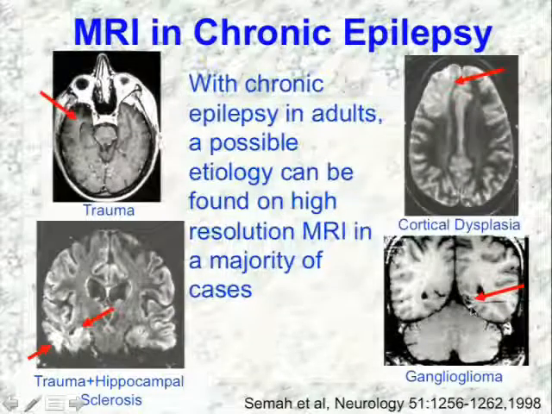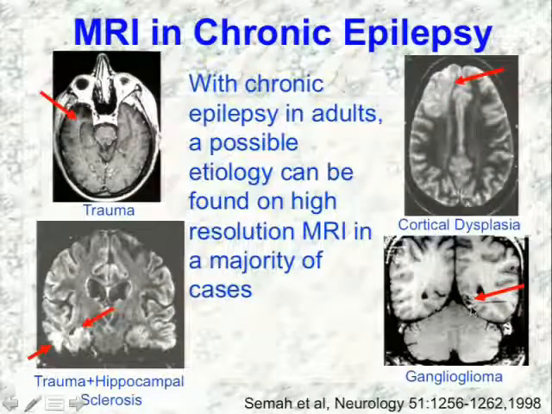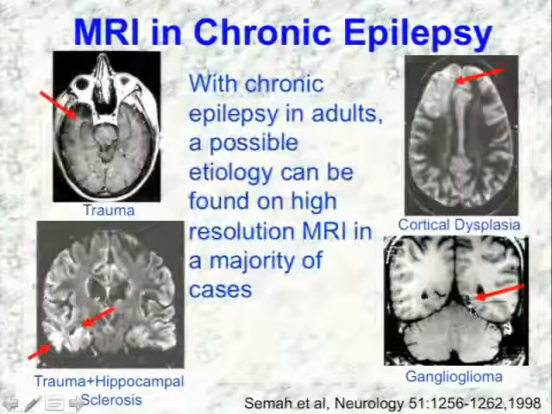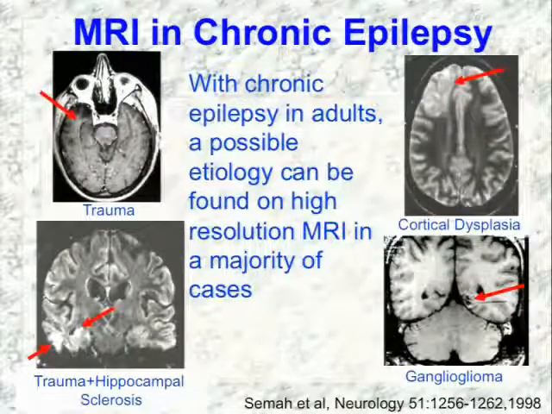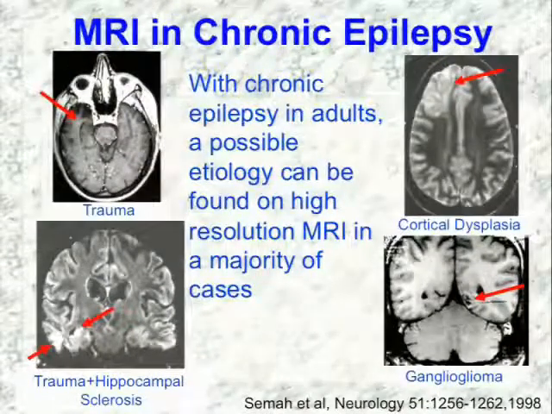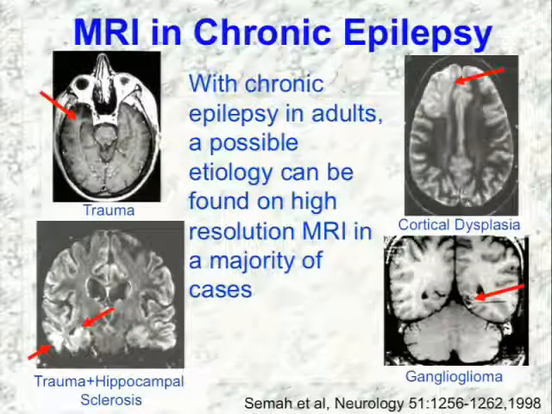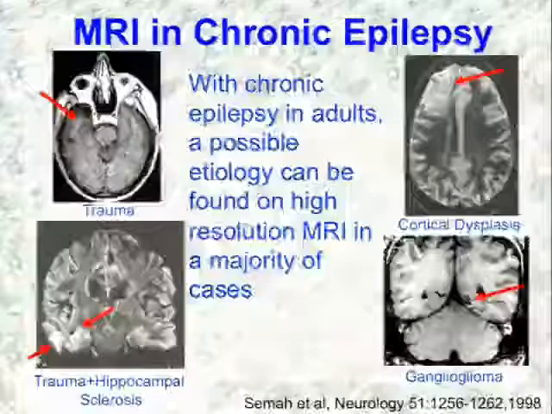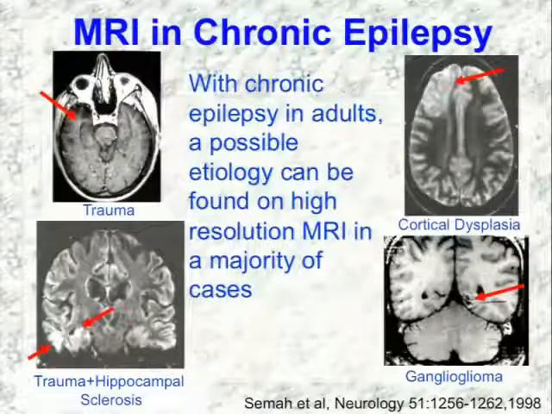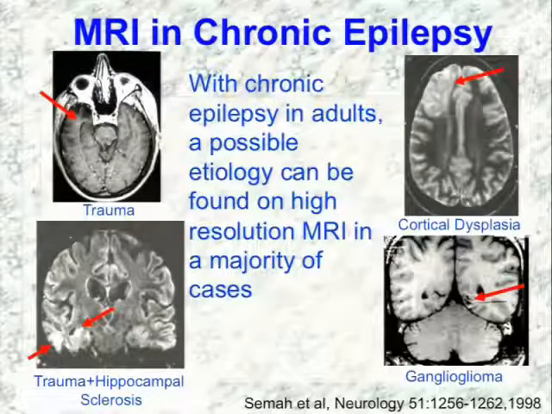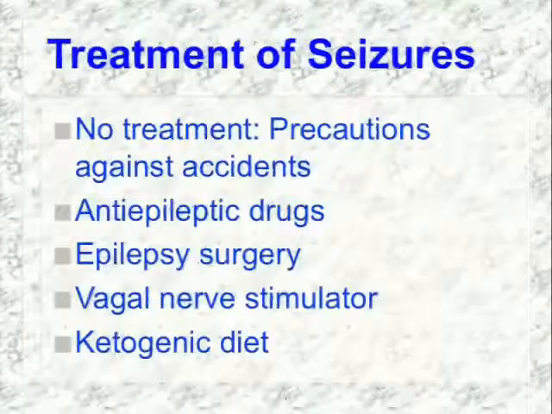And then here's a patient with a low-grade tumor, a ganglioglioma, that they had for 15 years before it was recognized causing their epilepsy. So MRI is a critical part of working up people with focal epilepsy, and everybody who has focal epilepsy should have at least one good quality MRI that you've seen during their workup.